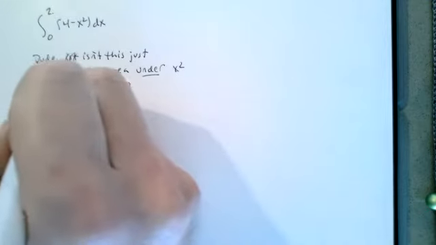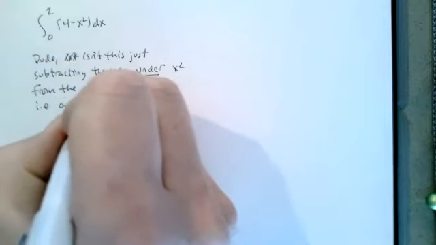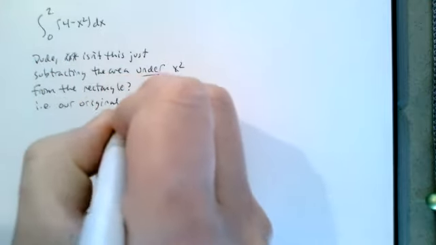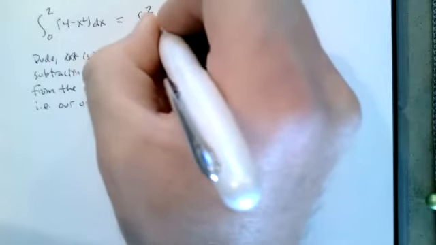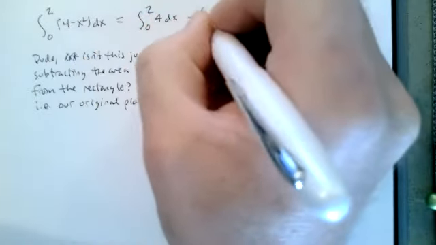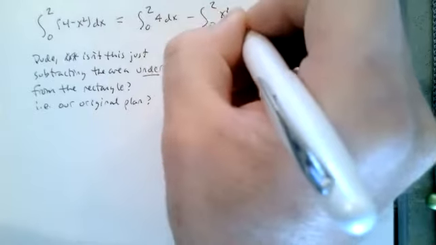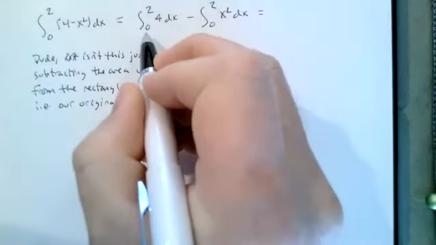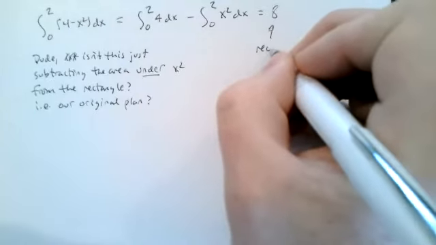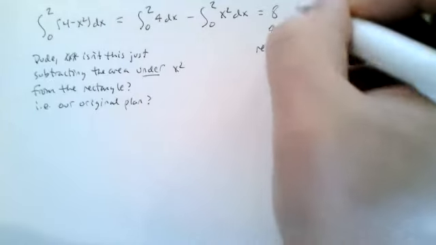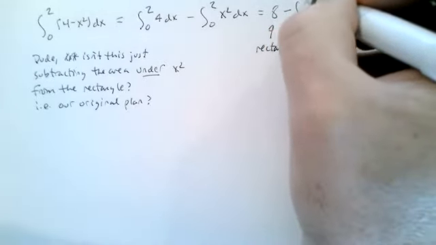That is our original plan. And the answer is yes, it absolutely is. Because if we split this up, we can split up the terms and integrate from 0 to 2 of 4 dx, and then subtract the integral from 0 to 2 of x squared dx. And the integral from 0 to 2 of 4 dx is just 8, the original rectangle. And we're subtracting the integral that you proposed in the beginning.